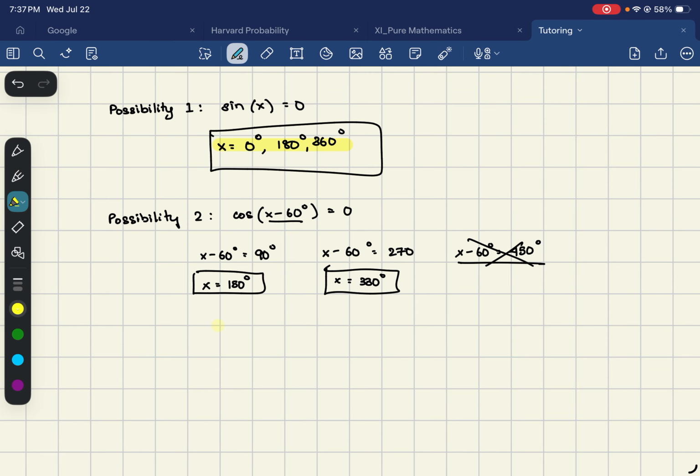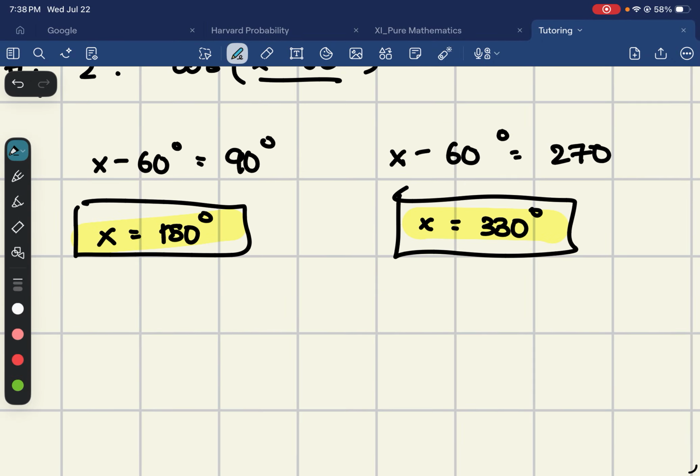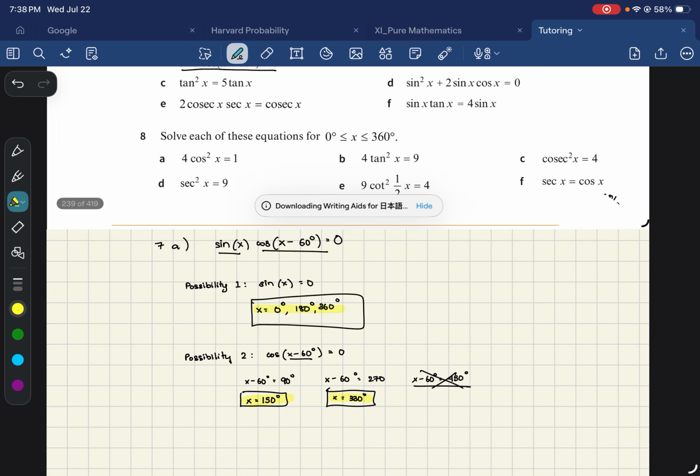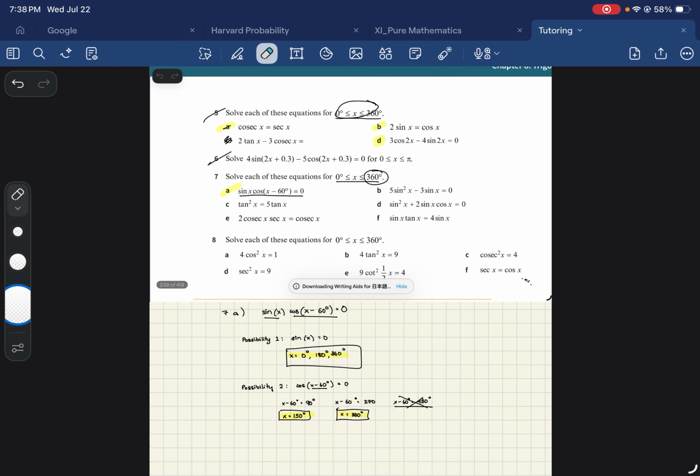X can be 0, 180, 360, 150, or 330 degrees. All right. So this one is, if it's not clear, it's 150 degrees. All right, so these are your 5 solutions for 7a. Let's look at 7b.